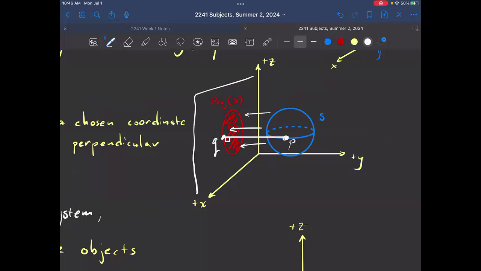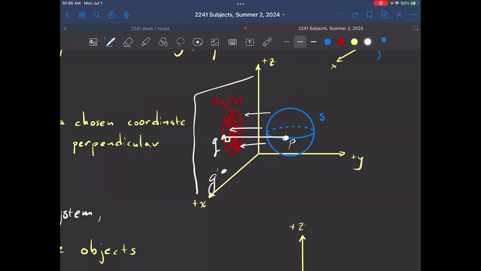If you look at some other point here, like Q prime, then this line is not at right angles to the XZ plane, and so that would not be the projection.